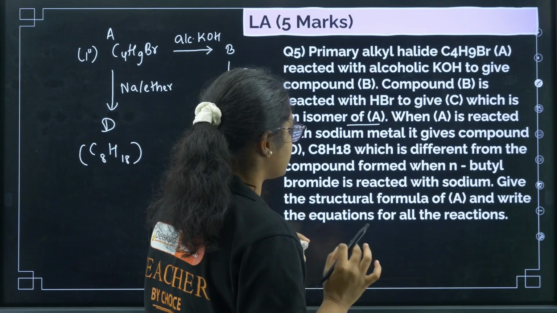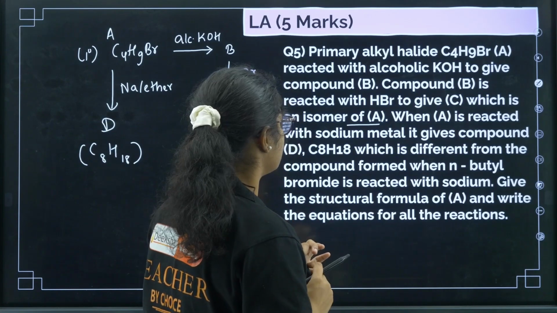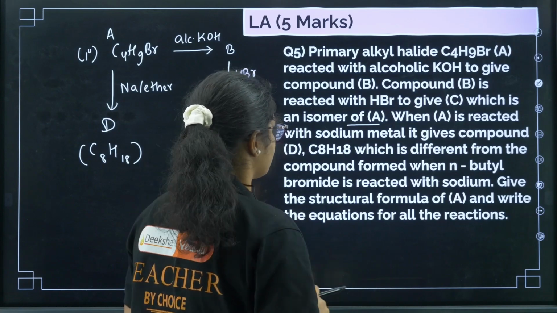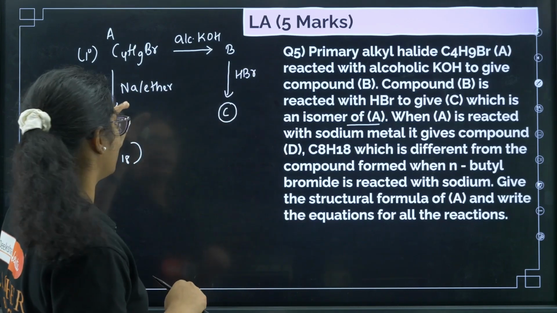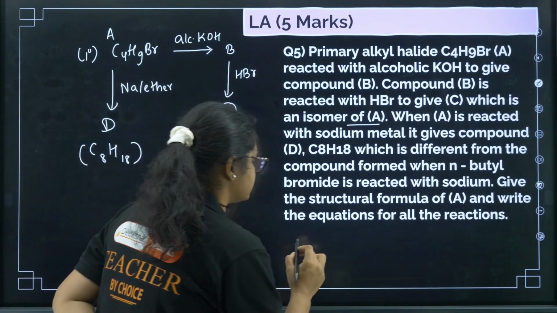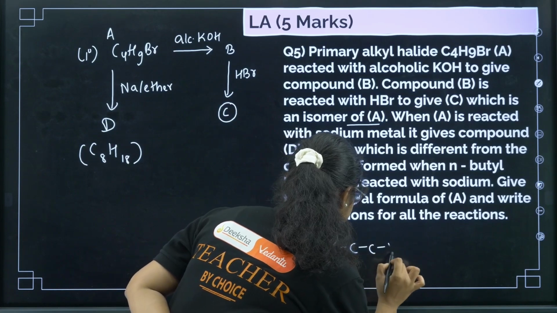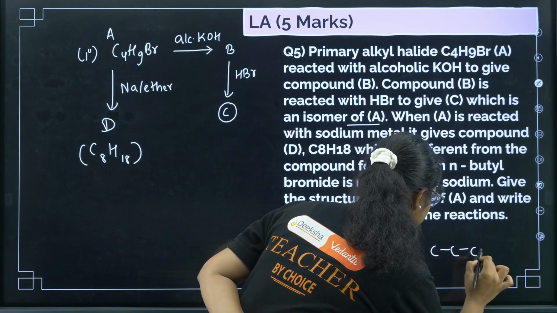Give the structural formula of A and write the equations for all the reactions. Now if you see, C4H9Br can have two isomers, right? This is one isomer possible. Another isomer possible is this one.